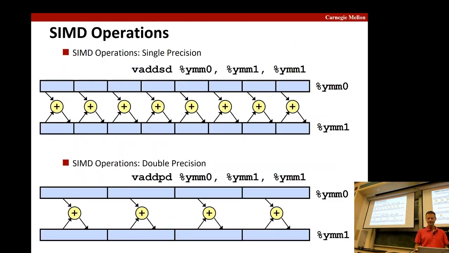The SIMD operations work just within each of the segments, and the suffix of the instruction indicates which version you're using, whether you're thinking of these as 8 32-bit things or 16 16-bit things and so forth. Okay, good.